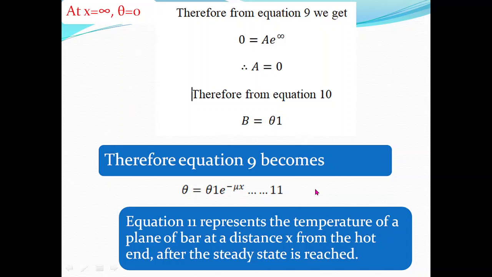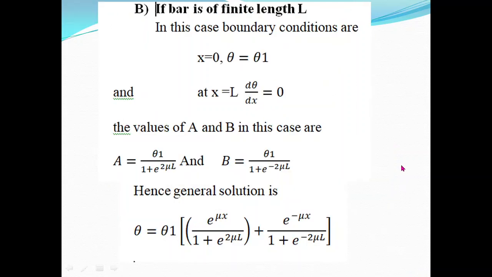Now if the bar is of finite length, suppose L is the length of the bar. In this case the boundary conditions are: at x equal to 0, theta is equal to theta 1, and the second boundary condition is at x equal to L, d theta by dx is equal to 0.